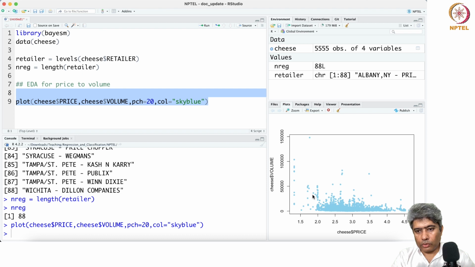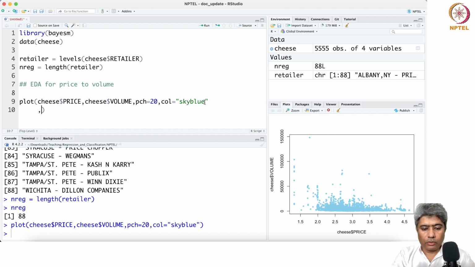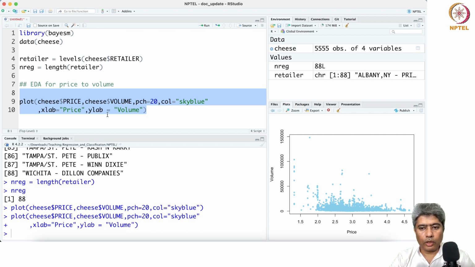So it looks like this, that's how the price looks. And xlab equal to price and ylab equal to volume, the number of unit sales that have happened. Okay, let me just run it.